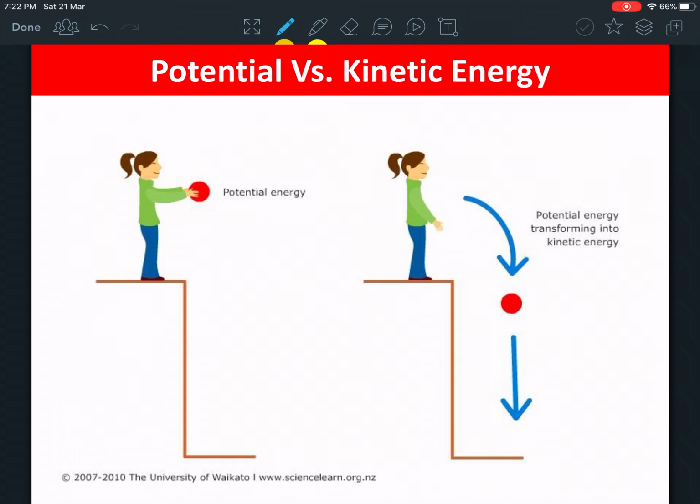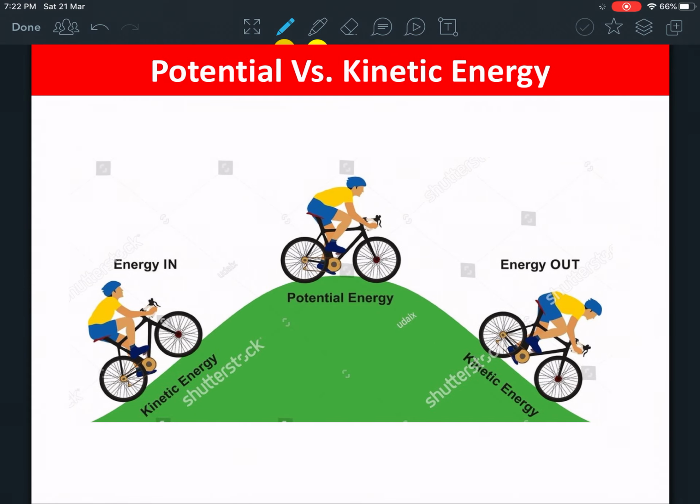Okay, look at this. She's holding the ball. She didn't let it go yet. This is potential. When she lets the ball go and the ball is moving on the way down, it becomes kinetic. So potential energy is transferred into kinetic energy. You can see here he has kinetic energy because he's moving.